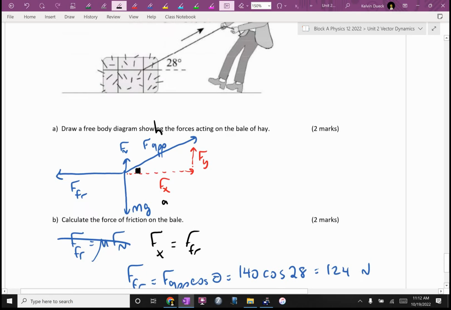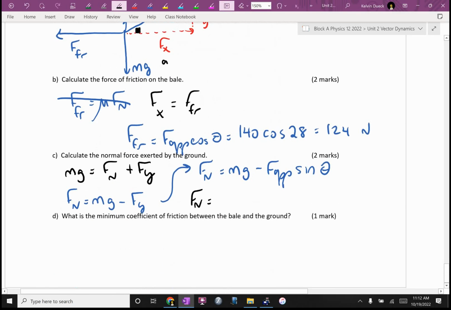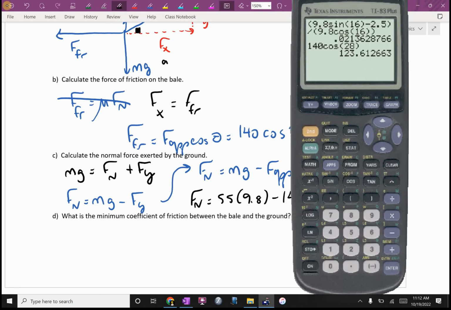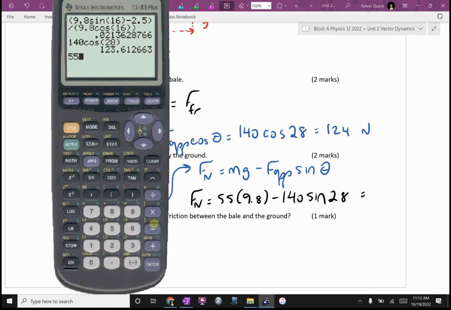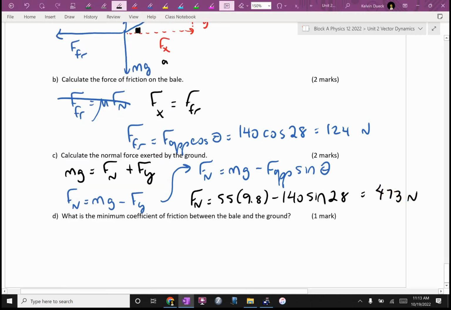What was m, Mr. Dewick? 55. The normal force is going to be 55 times 9.8 minus 140 sine 28. And I get a normal force of 473.3, 473. Is that right? People nodding? 473 newtons.